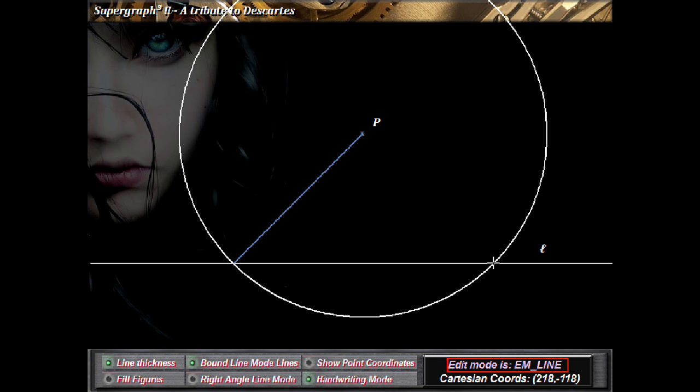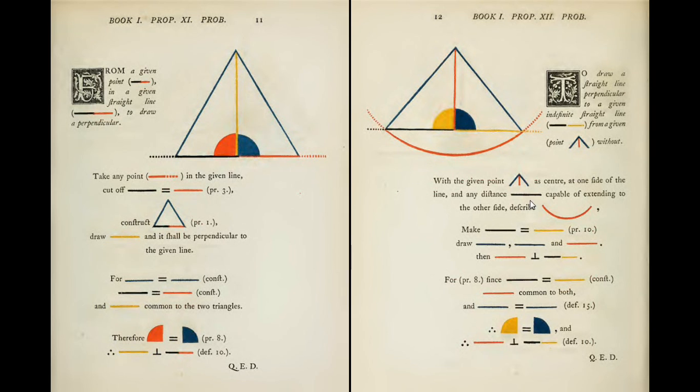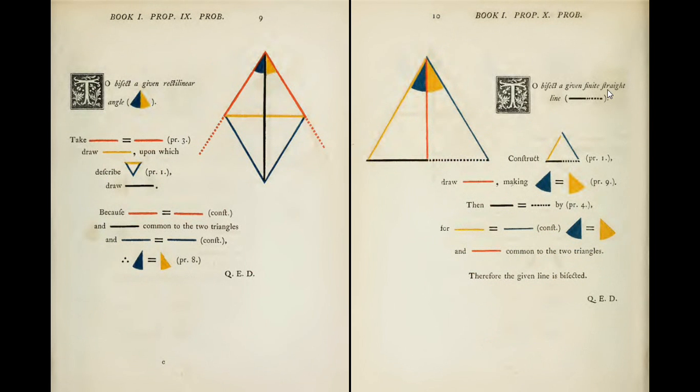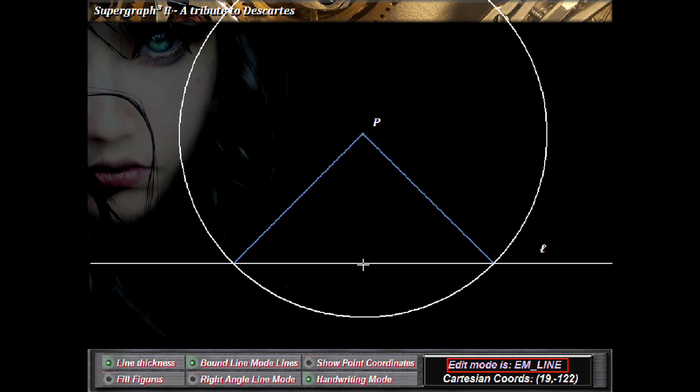Equal length because they have to be, by definition, one radius distance away from P. These lines are equal length. Okay, we've done that. And I've also, in doing so, created a finite segment of the line. And by problem 10, we can bisect that line.